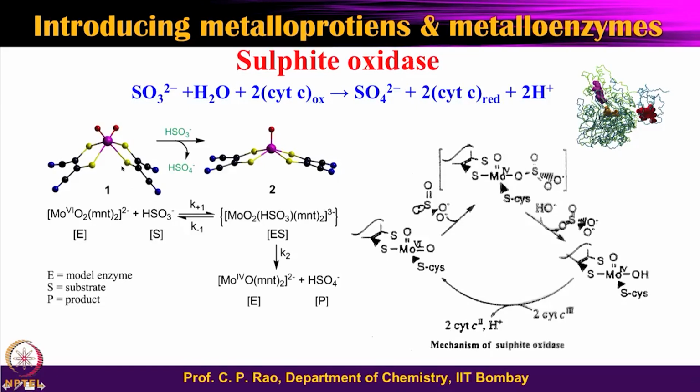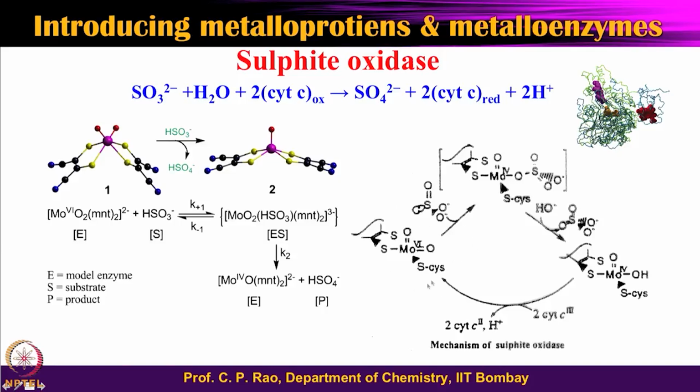This is a perfect model for the enzyme, and the HSO3 minus will give HSO4 minus and goes back. So, the molybdenum undergoes the redox process from 6 to 4. So, this is the model molecule. Of course, you have to regenerate this back. In the enzyme it happens. Okay.